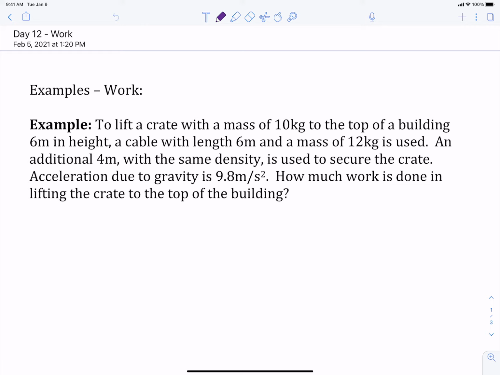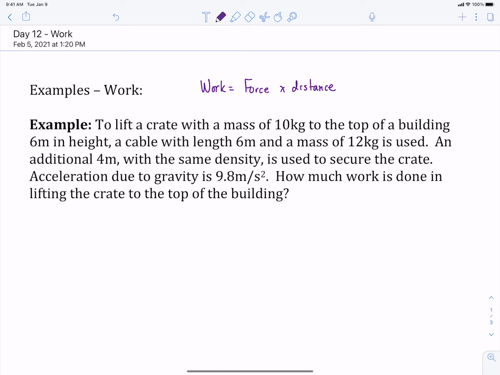So here we've got a couple other examples of work, and these are going to be similar to what we had with the spring. It's just going to be different kinds of examples. So again, work is still our force times our distance.